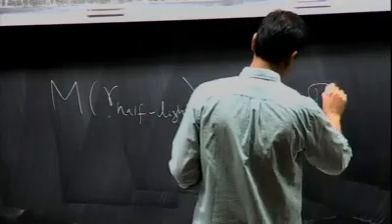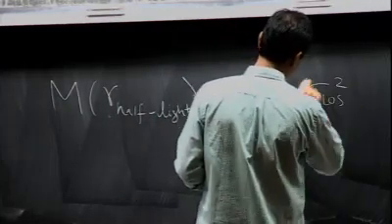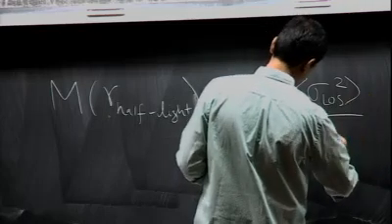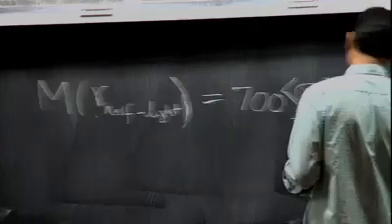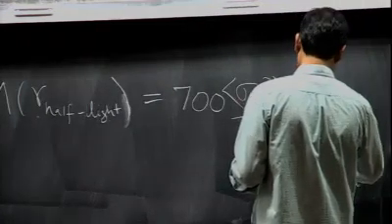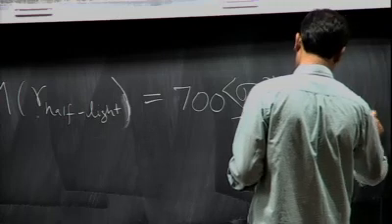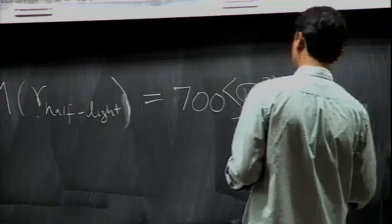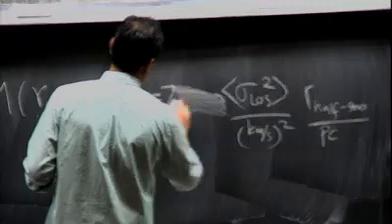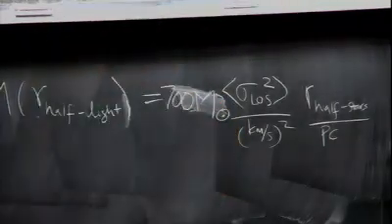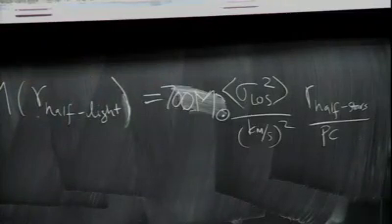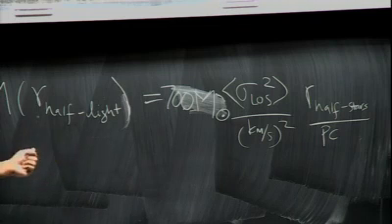It is basically 700 times sigma LOS squared, in kilometers per second squared, times R half of the stars in parsec, and this is in solar masses. Okay, the proof is long and involved, but this is kind of like the virial theorem we almost said we talked about, but it's not.